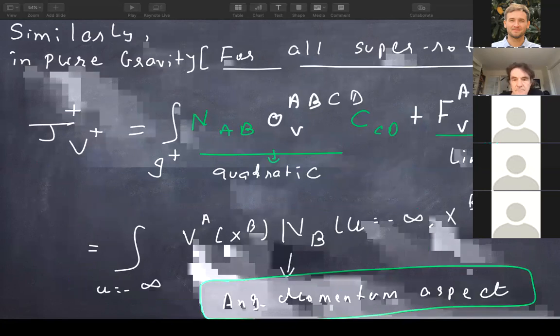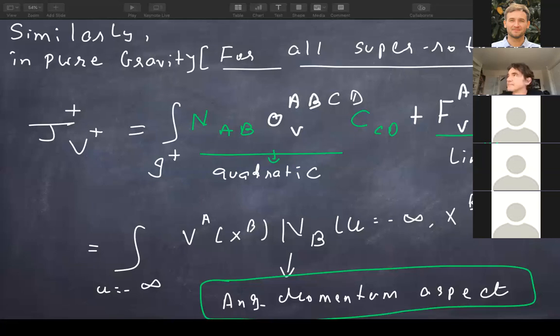So when you integrate over Scri, you have a U integral and you have a sphere integral. So the U integral, this U NAB U integral, is what I'm calling N1AB. So it's really the soft mode in the super rotation charge.